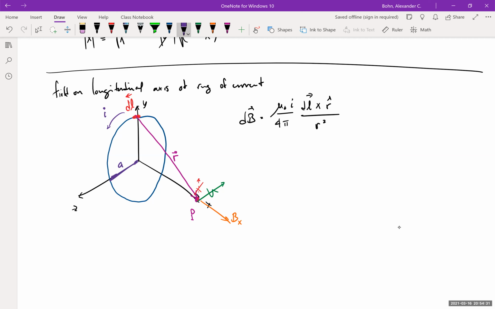And we are at a position x along the x-axis, away from the plane of the loop. So the point-to-point distance is, again, yeah, this is going to go pretty quick now that we got the hang of it last time. dl cross r hat over x squared plus a squared.